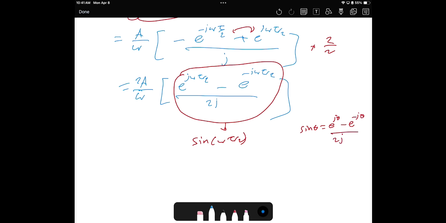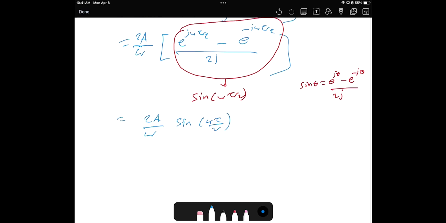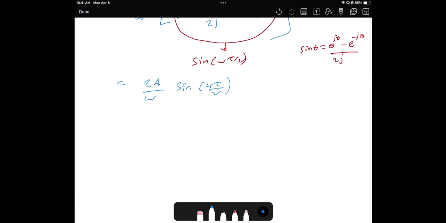Then this yields 2A over omega sine of omega tau divided by 2. Okay? Now I can simplify it more. Let me try simplifying more. How? We can multiply this part by tau over tau.